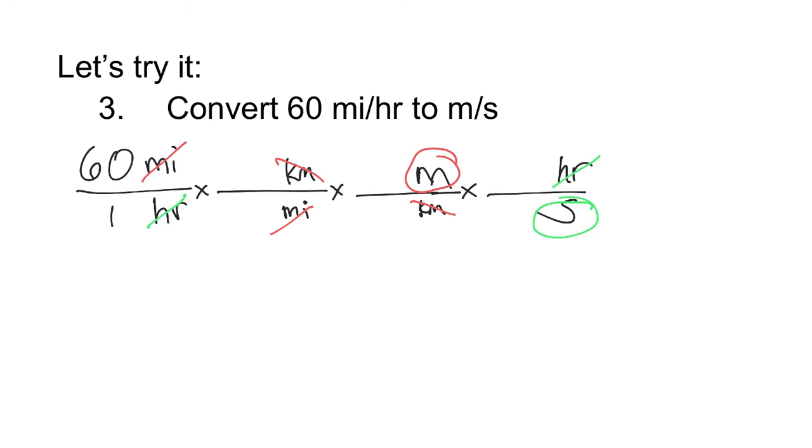Yes, Isaiah. So would you add the hours over seconds to the equation when you're converting miles? I don't know what you mean by add to the equation, but multiply by another fraction. Okay, so let's throw the numbers in. We have 1.61 kilometers over 1 mile, 1,000 meters in 1 kilometer, and 3,600 seconds in 1 hour.